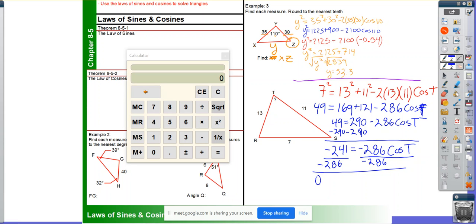Okay, Avery, I can't write that fast. 0.84. What comes after the 6? 5. Well, then we can't end at 0.842 because we would have to round up to 0.843. Right? Yeah, Avery, round.